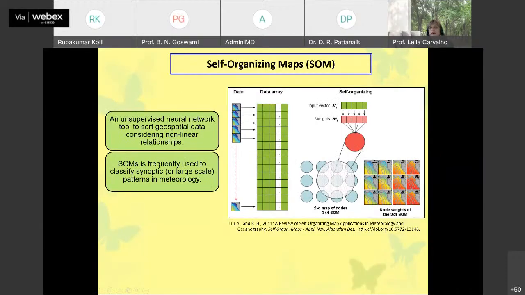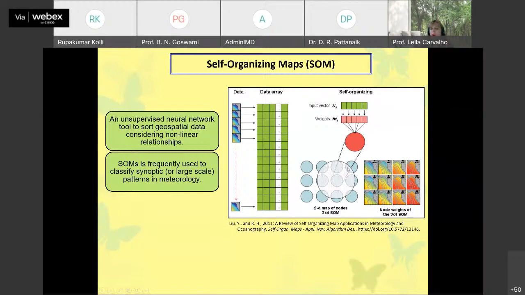And then we used self-organizing maps, SOM, to recognize those patterns. This is an unsupervised neural network tool that uses geospatial data. So here's the data. You have the input data, and some weights are applied.